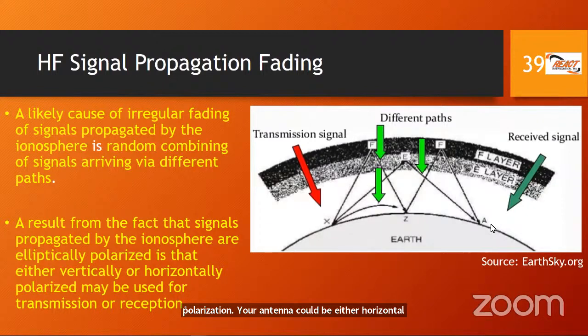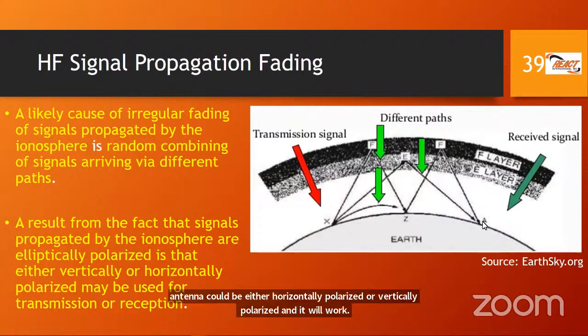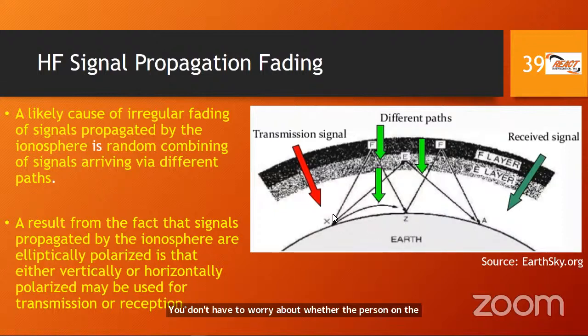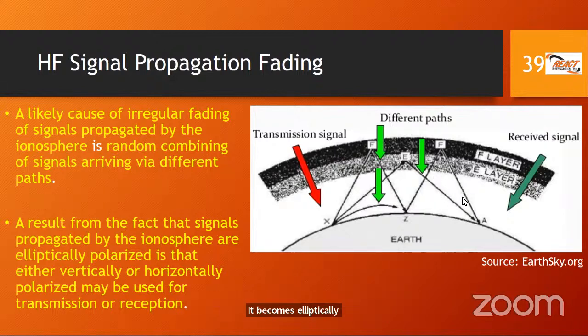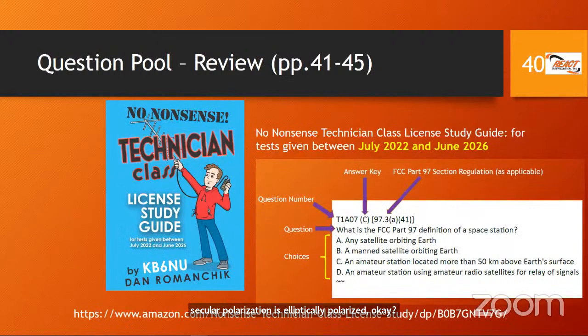You don't have to worry about whether the person on the other side is using horizontal or vertical polarization. And the reason is that when it goes to the ionosphere and it's refracted and comes back down, it becomes elliptically polarized. Sorry if I said circular polarization. It's elliptically polarized, okay?